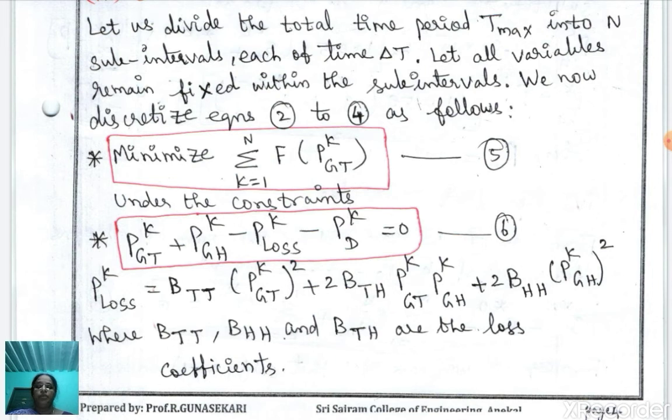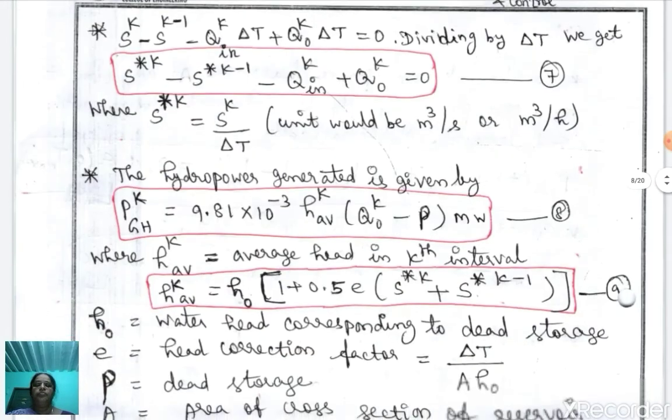TT means thermal power plant, H means hydropower plant, TH means the interaction of thermal and hydro power plants.